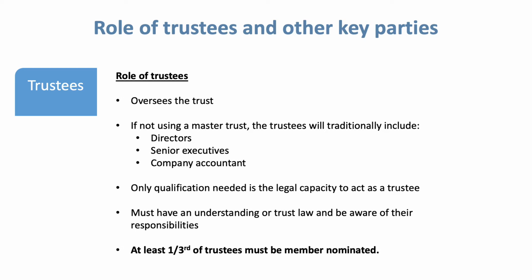You must, as a trustee, have an understanding of trust law and be aware of your responsibilities. Now, it's important also to understand that at least 1/3 of bespoke trusts must have trustees that are nominated by the members themselves.